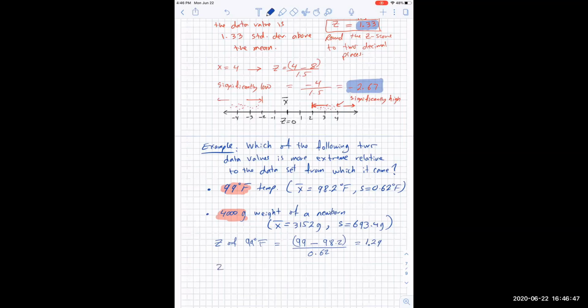And then I do the z-score of the 4,000 gram weight.